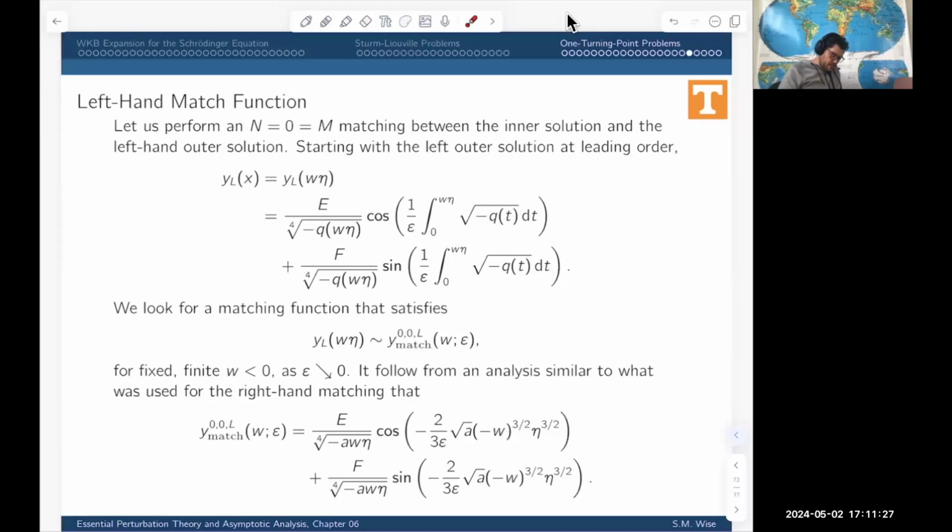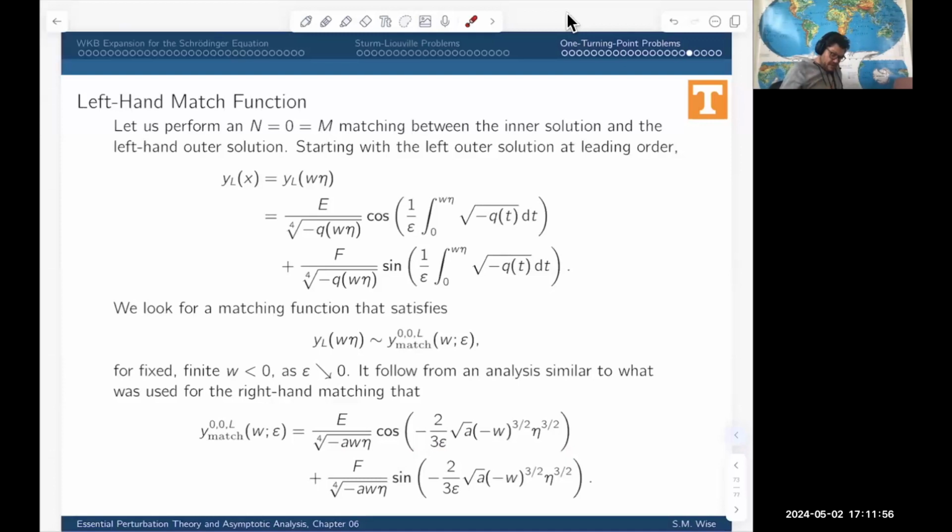So for example, 1 over the fourth root of minus Q evaluated at w eta, because we have to put a minus Q here since Q is now negative, this just becomes minus a w eta. And this is fairly similar to what we had before.